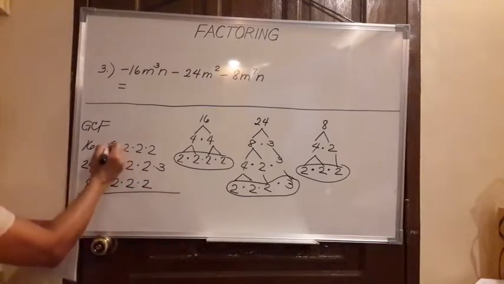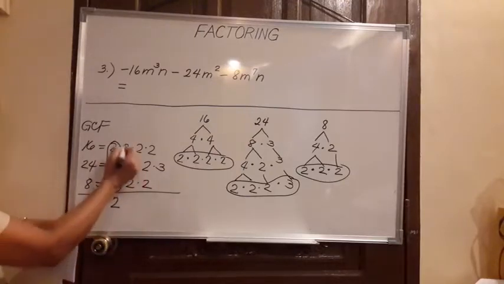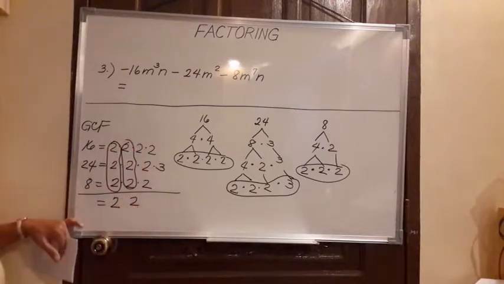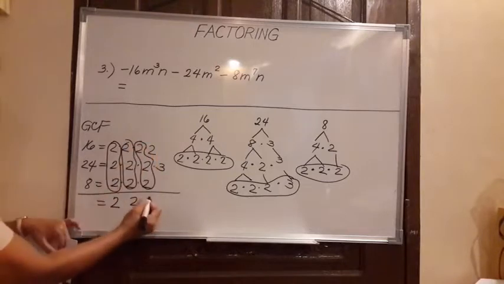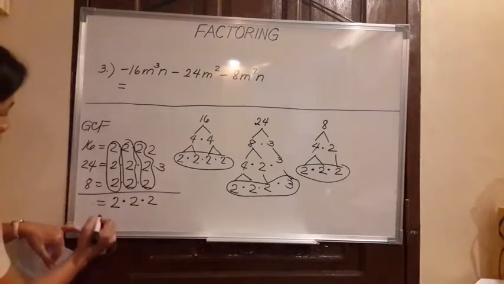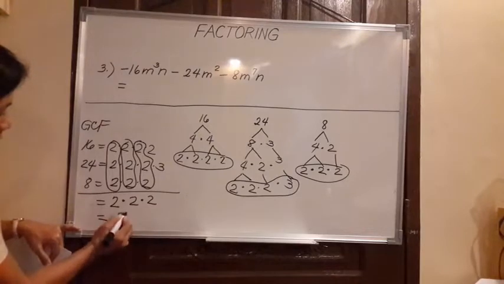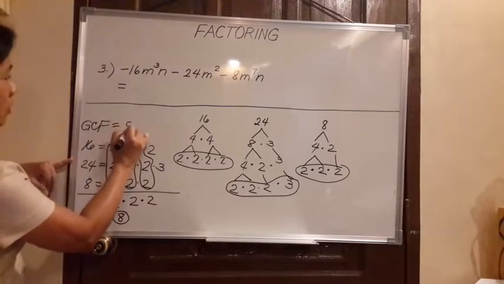Common factor, we have 2. Another common factor, we get 1 of this common factor. Then we still have 1 common factor. Multiply these 3 common factors. 2 times 2 is 4, times 2 is 8. Therefore, the greatest common factor is 8.